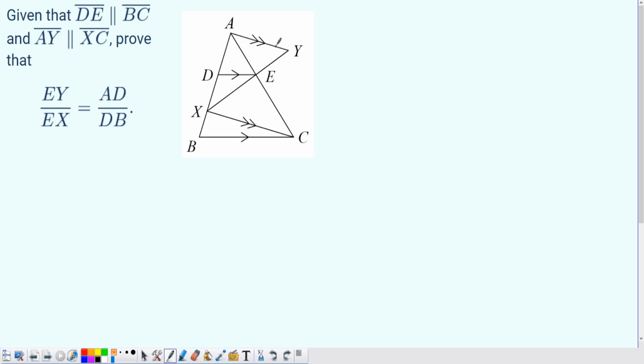Well, that means this angle here and this angle here, they have to be the same. So I'm going to say that angle AYE is congruent to YXC.